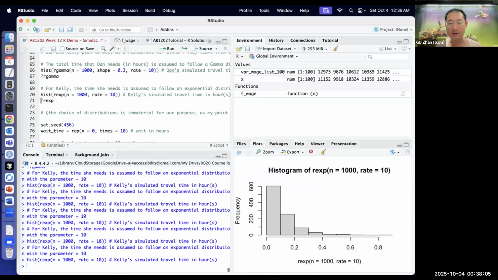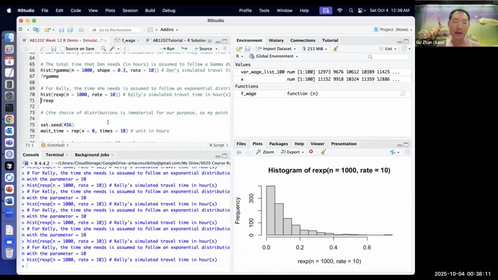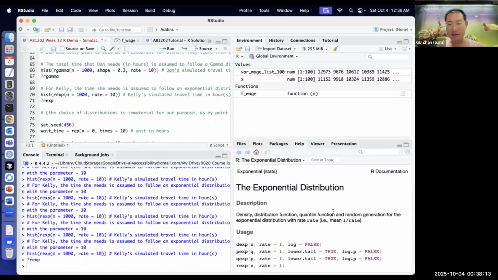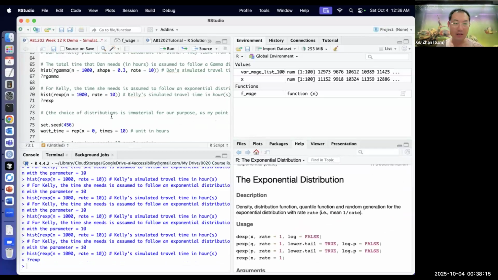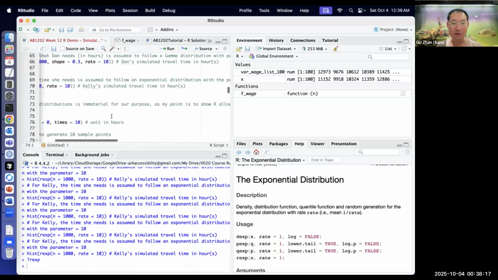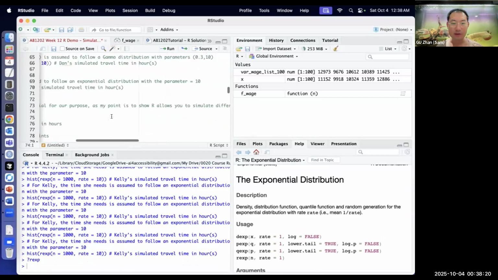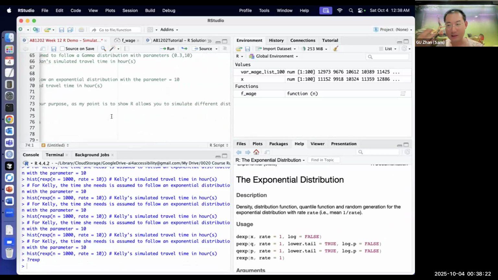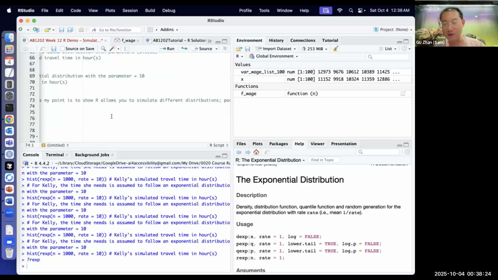These are the waiting times from 0 to 0.6 and so on. The choice of distribution is arbitrary for us. This is just to show you that we can draw simulations from various kinds of distributions.